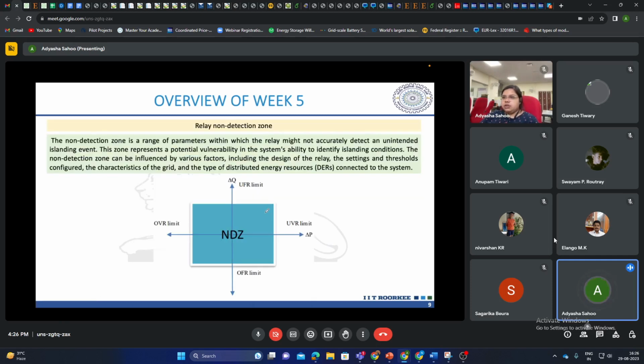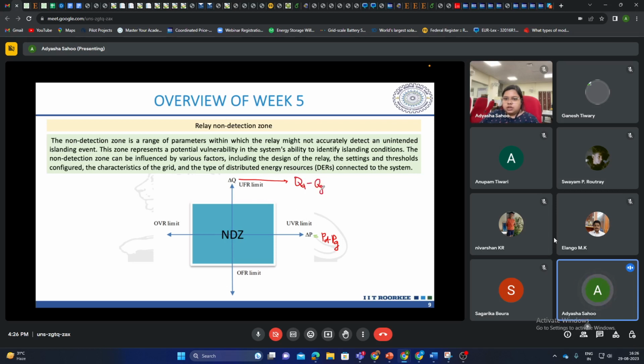Then after this we had the relay non-detection zone. Basically this delta P, as we had studied, was PD minus PG, and delta Q was QD minus QG.